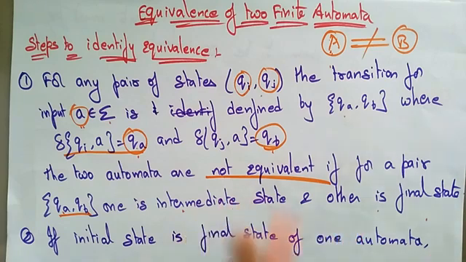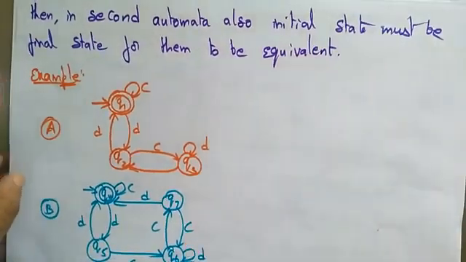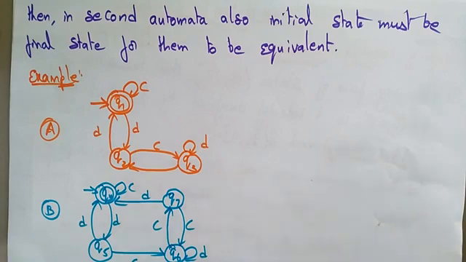If one is final and the other is intermediate, then it fails. Those automata are not equivalent. So if the initial state is a final state in one automaton, then in the second automaton the initial state must also be a final state for them to be equivalent.